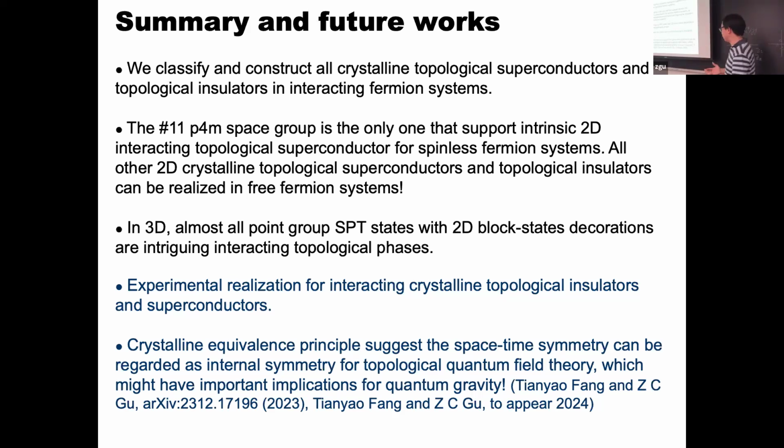With the same bulk, we can realize this anomalous crystalline SPT phase or anomalous internal symmetry SPT phase on the surface, just a different surface. This kind of equivalence principle we conjecture may also be useful in the future for understanding, for example, quantum gravity. People believe it should be something like a gauge theory of space-time. So if we really start from some topological theory at the UV scale, then we conjecture such an equivalence principle may also hold. Okay, thanks.